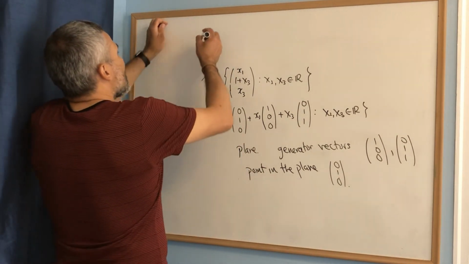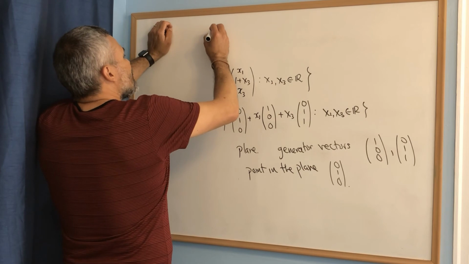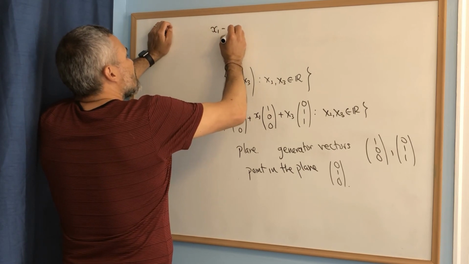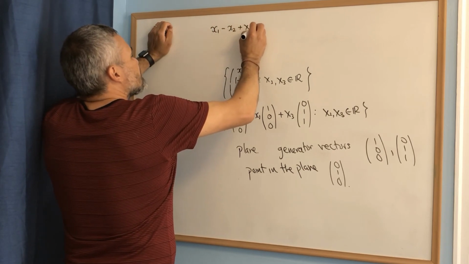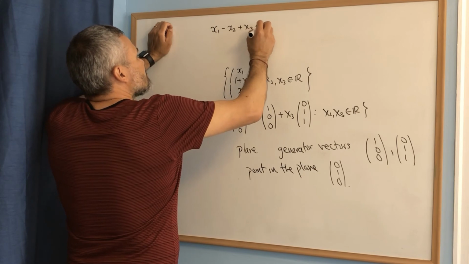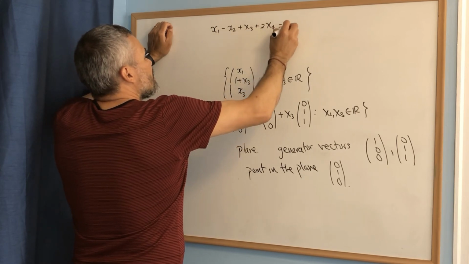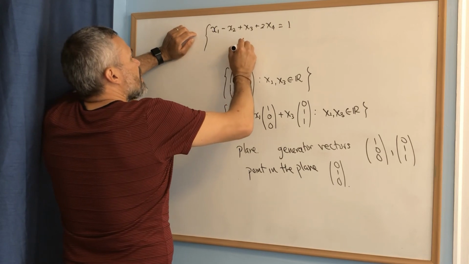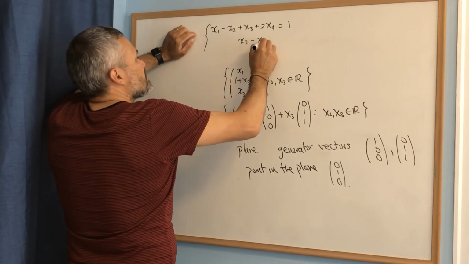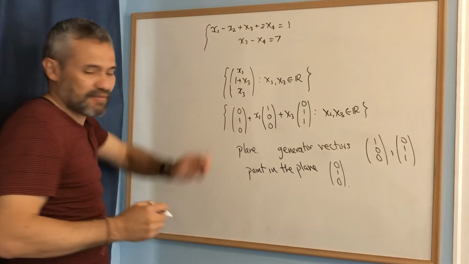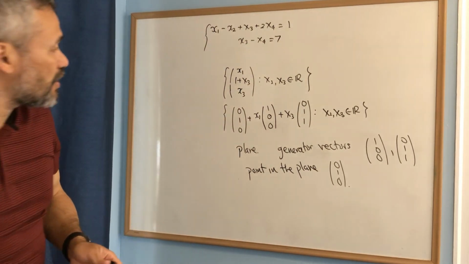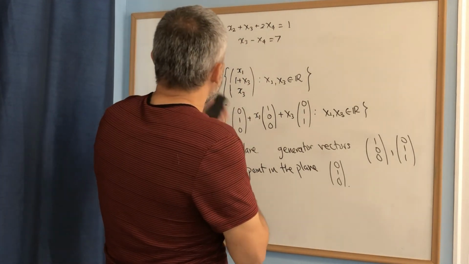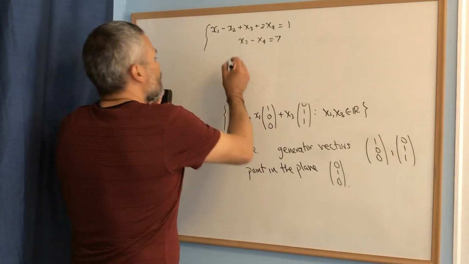Let's suppose that we have the following system: x1 minus x2 plus x3 plus 2x4 equal 1. And let's suppose that we have x3 minus x4 equals 7. We can see that this is a good system.